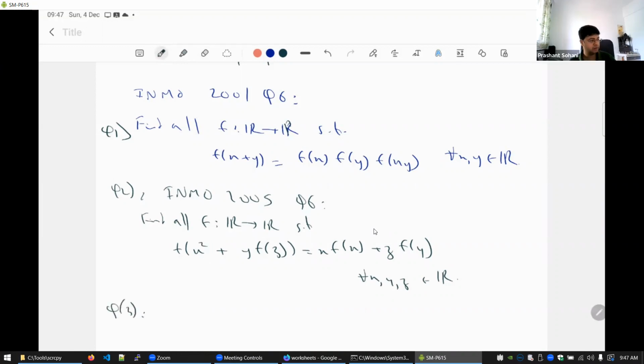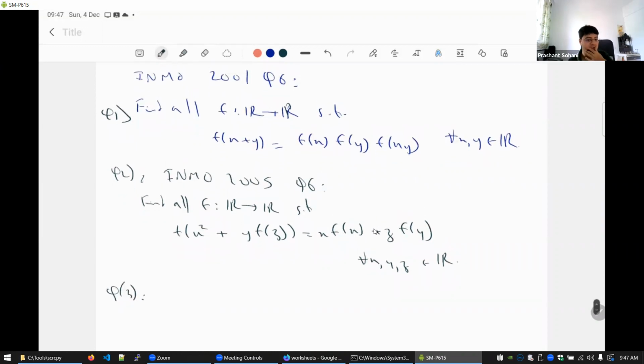And question 3, I'll just write it here. I've not got a chance to attempt it, but it might be a good one. It's actually from IMO shortlist 2018 A1.